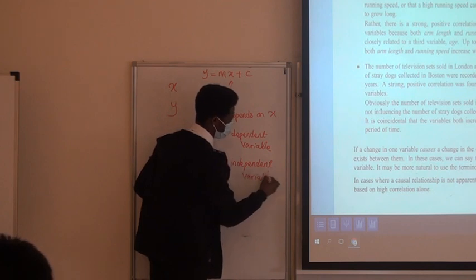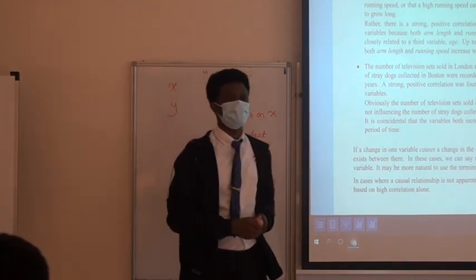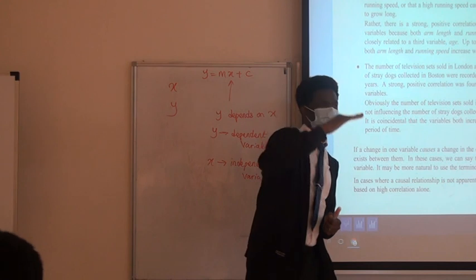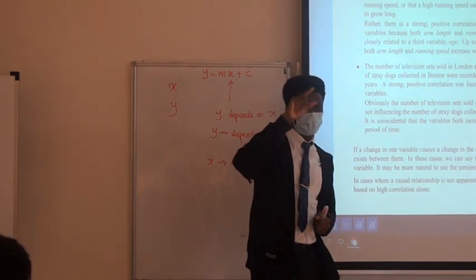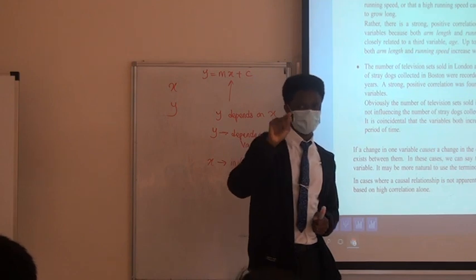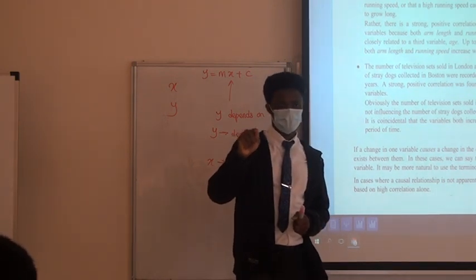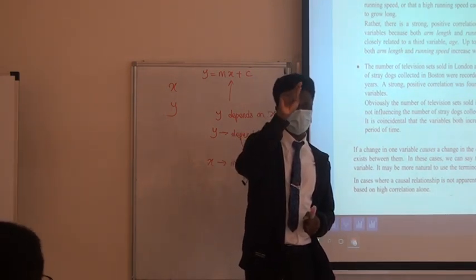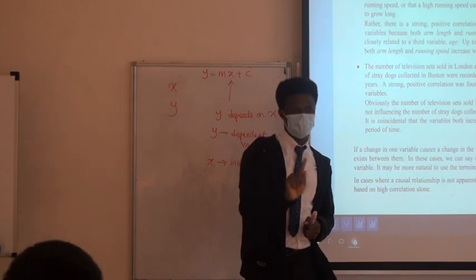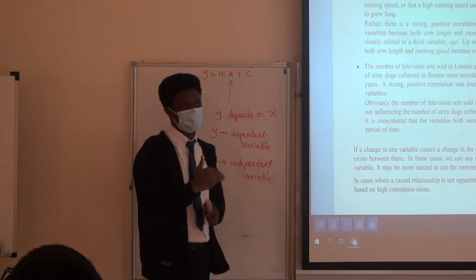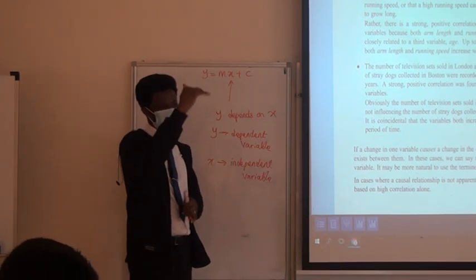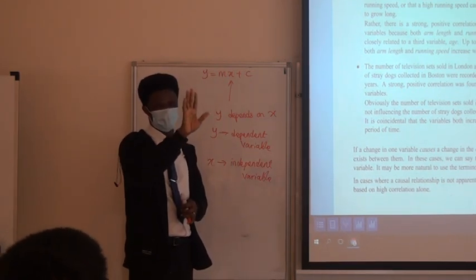In your IB exam, most times your table is arranged in X, Y format. But I want you to look at the information and check yourself. Is X the independent one? Is the other one the one depending on the one at the top? Because we're going to get to a point where you need to distinguish. For your exam, I think it's always labeled X, Y automatically.